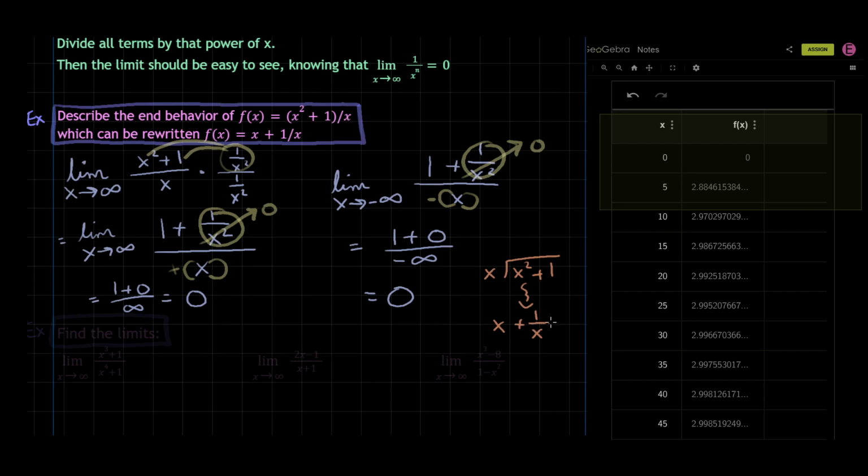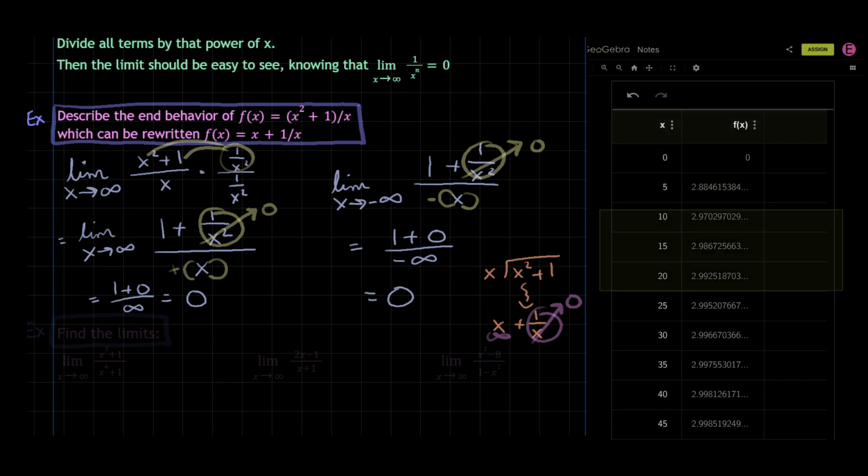In general, when you divide, you'll have a polynomial plus 1 over whatever that denominator is. And as x gets really large, that part goes to 0. Then x will go to infinity, of course, but it does that in an interesting way.